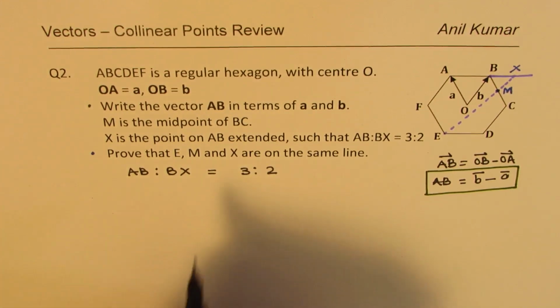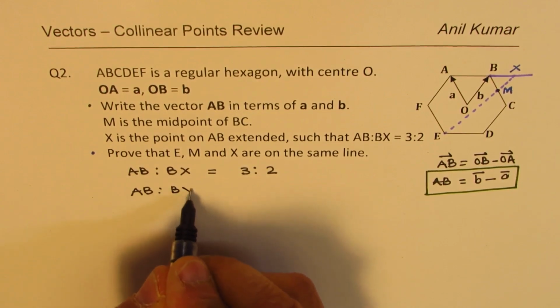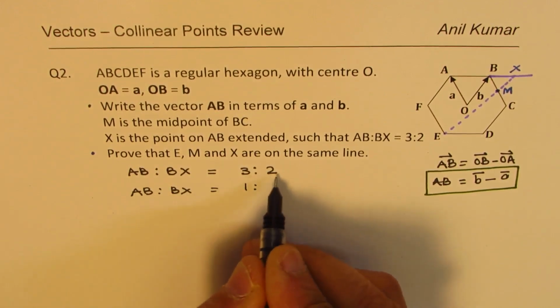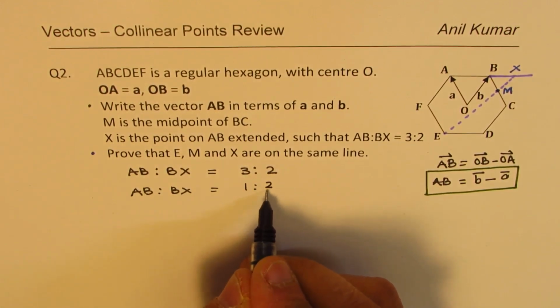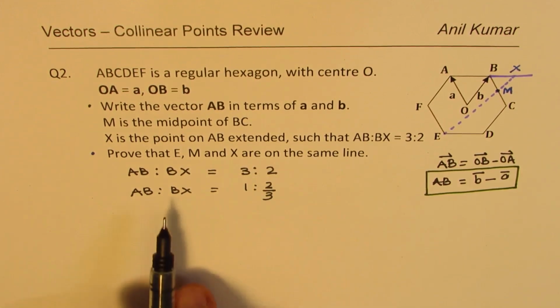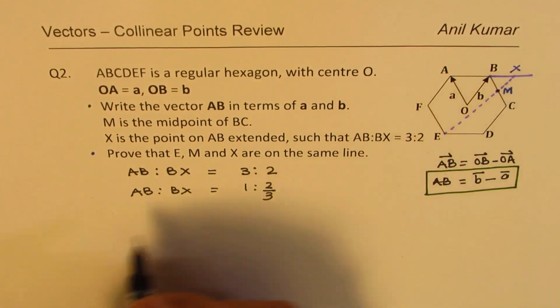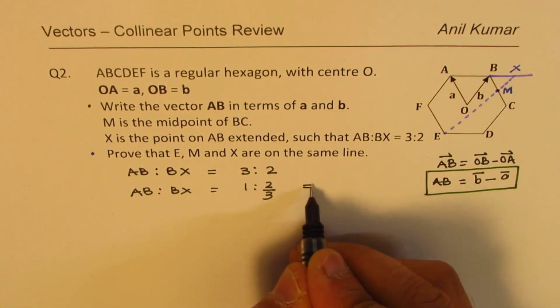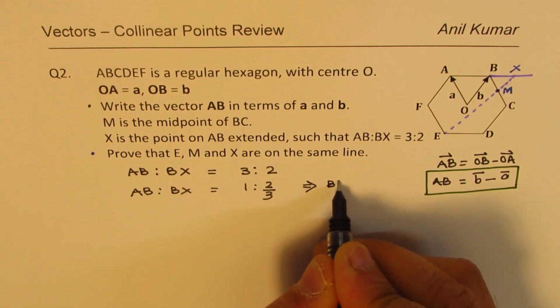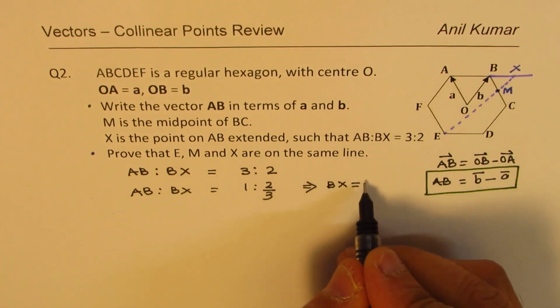So in such ratios, it is a good idea to think like this. 1 is to what? 1 is to 2 over 3. Does it make sense to you? Perfect. So if you write like this, in that case, we know that B to X is what? So that basically gives you that B to X basically is 2/3 of AB, right?